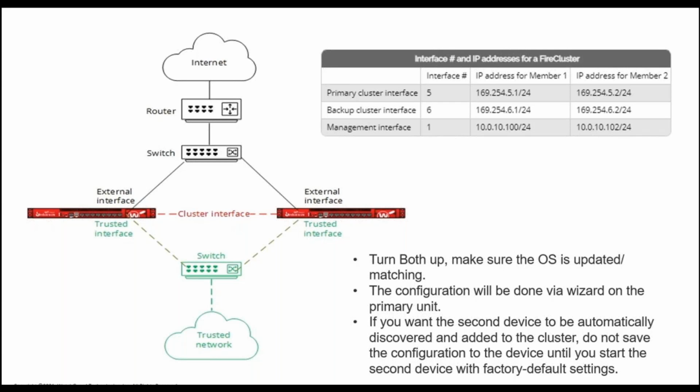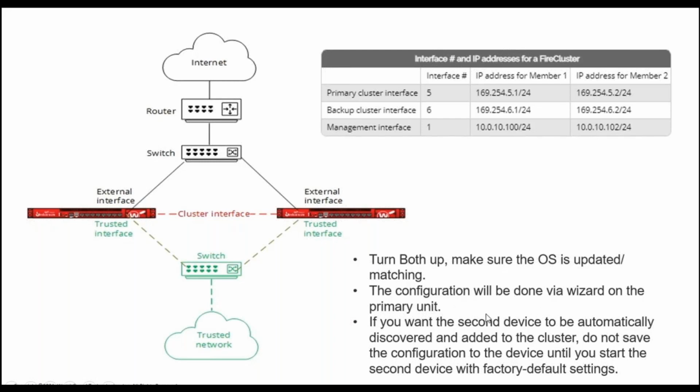So what we're going to do next is that we definitely need both of the firewalls up and running. And we need both of them to be the same model. And also, when it comes to the operating system, I already updated both of them to 12.7.1. The configuration will be done via the wizard on the primary unit.